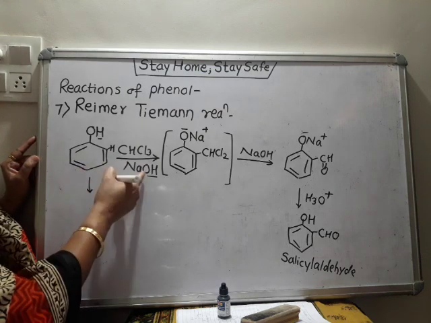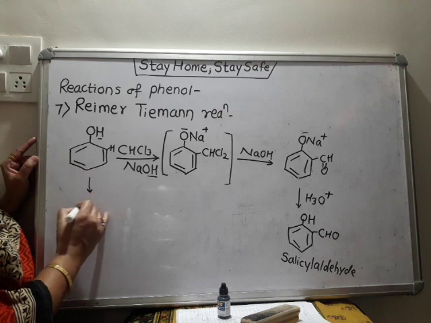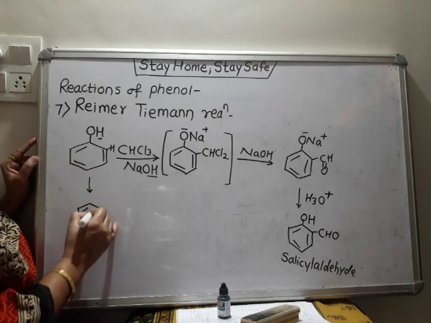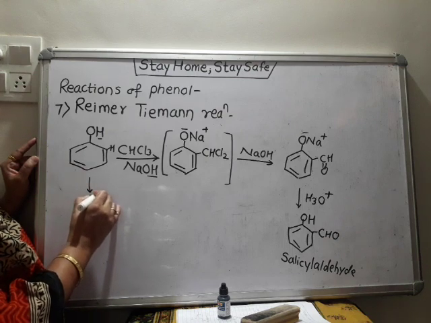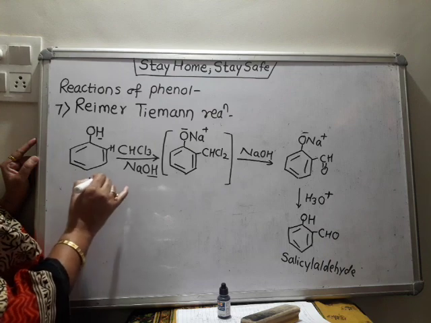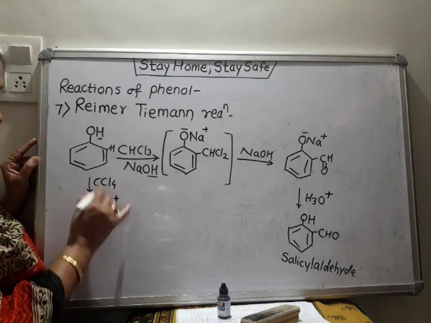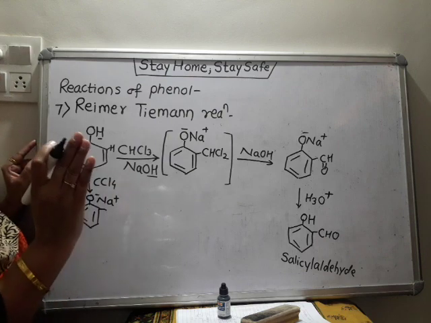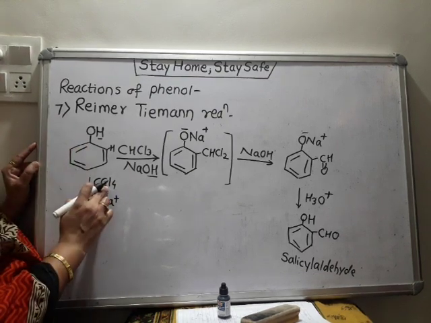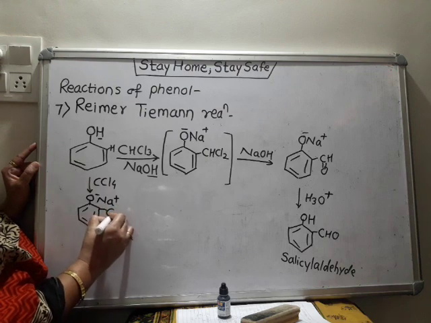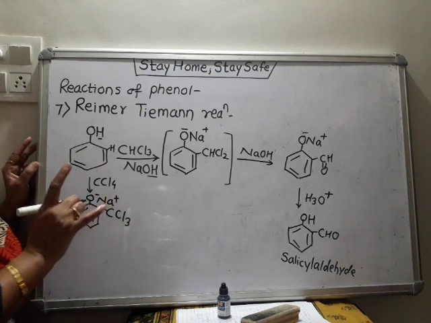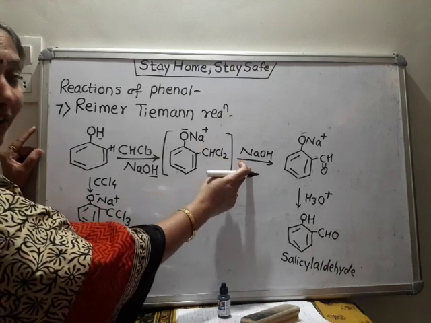First of all, NaOH will protect that group, so it will be converted into O minus and Na plus, and we have used CCl4 here. So this hydrogen and one chlorine are eliminated as HCl. So what is left behind here? CCl3, right?